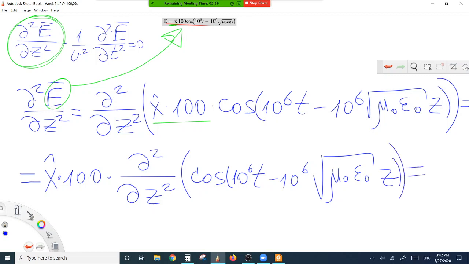Now we need to take a double derivative of cosine.